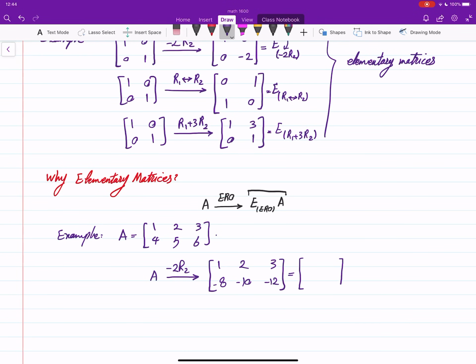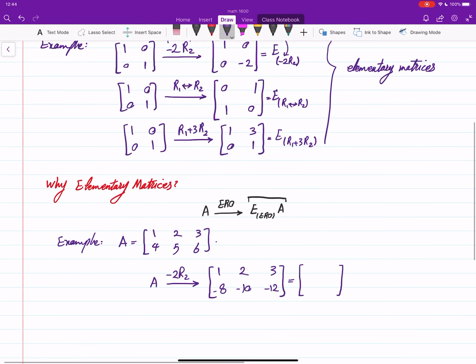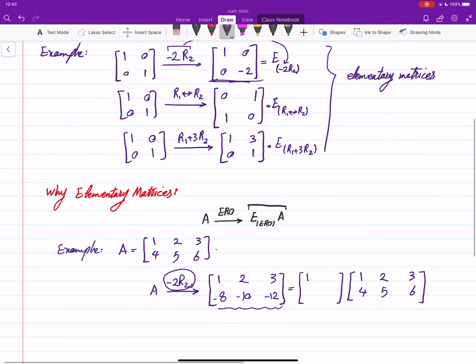And what happens here is that this matrix can be realized as the product of an elementary matrix and the original matrix. How? Just take the elementary matrix corresponding to that elementary row operation. In this case, we just found it. It's 1, 0, 0, -2, and multiply it to the original matrix.